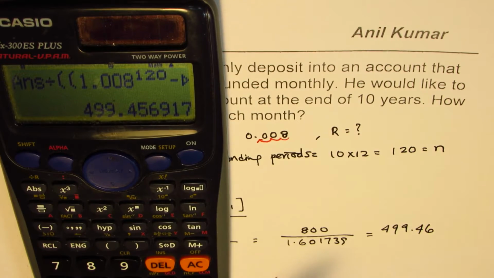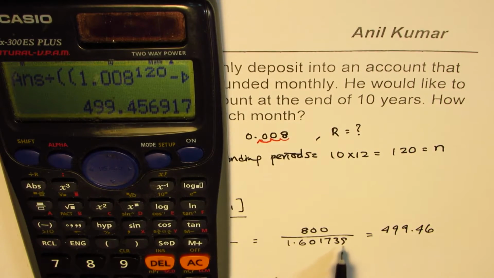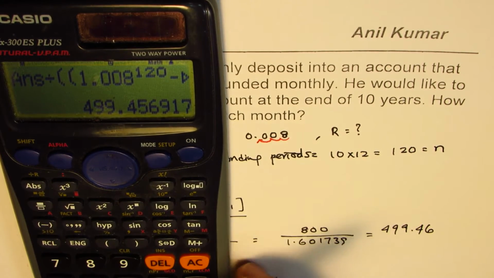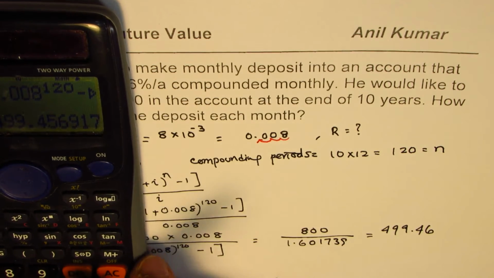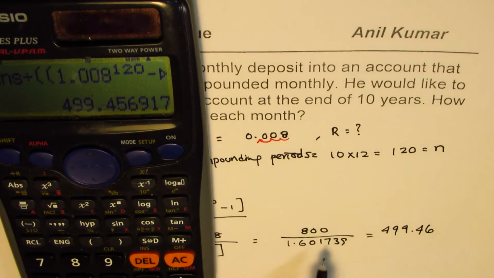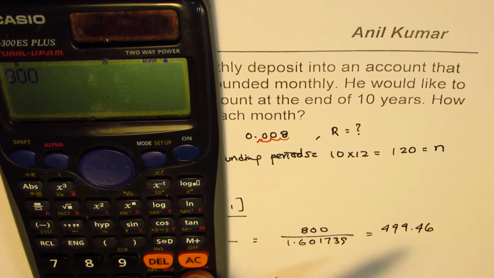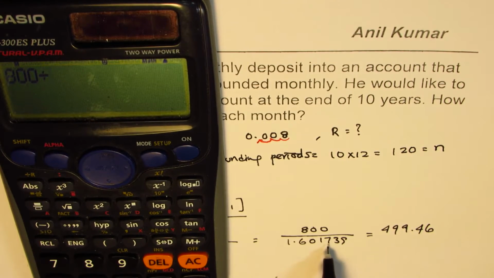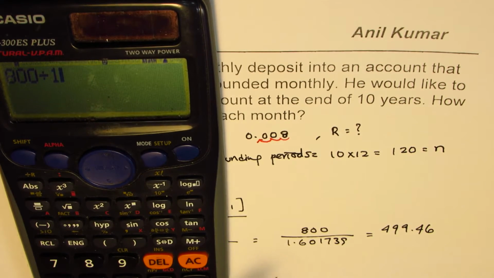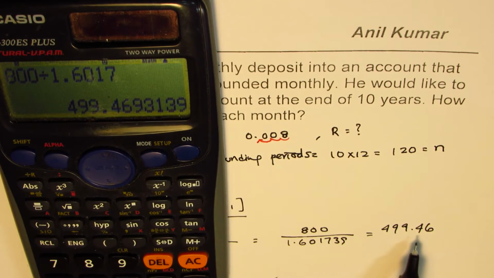Now look at this calculation once again. Suppose you round the number in the denominator, the way I was trying to do earlier, then what do you get? So I want to show you that also. What you have here is 800 divided by, let us say we round this number to 1.6017. If I divide by 1.6017 and calculate, I get 499.46.